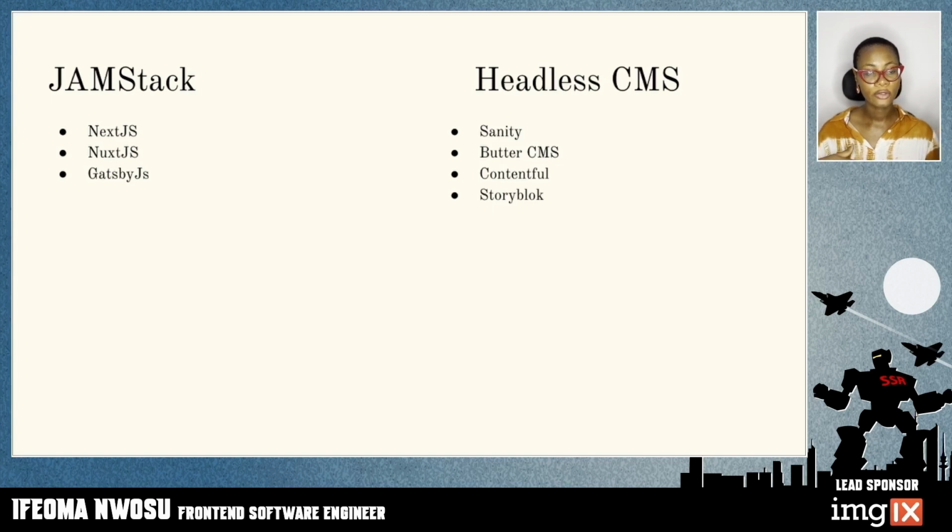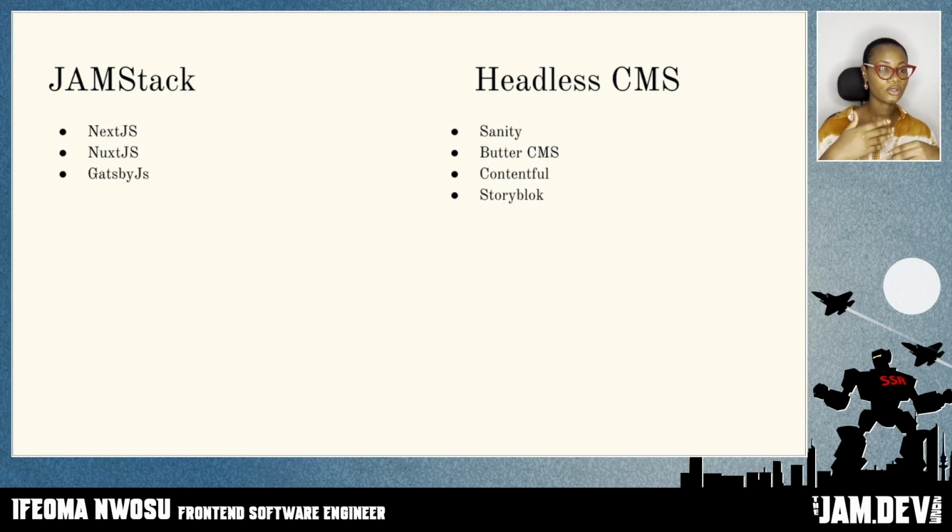For example, if you're making use of Next.js and Storyblok, you create your content in Storyblok, your API gets served to you by Storyblok, and this gets consumed by your Next.js application, and your content gets displayed on the front end thanks to the API.